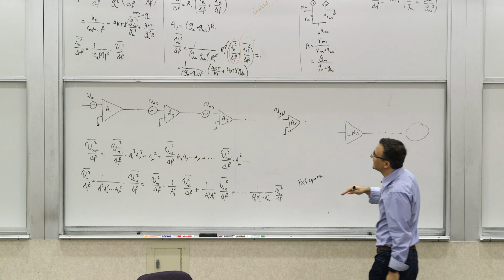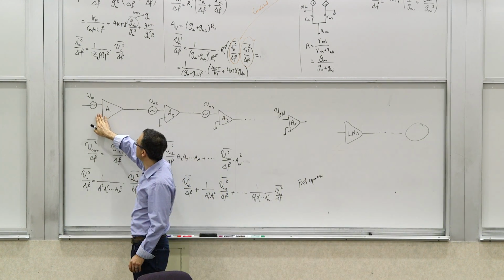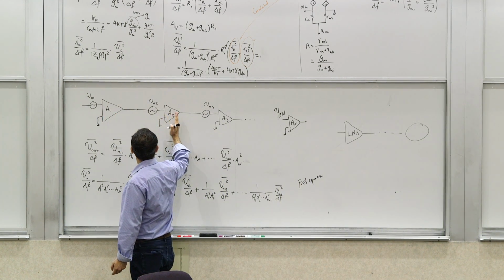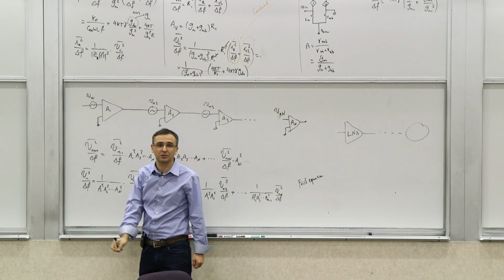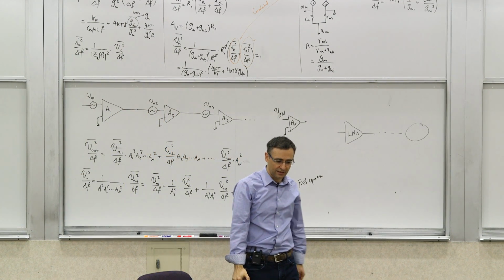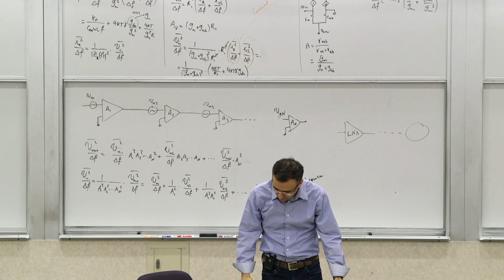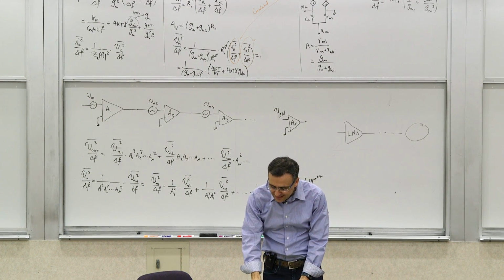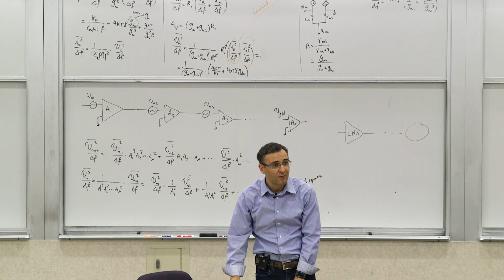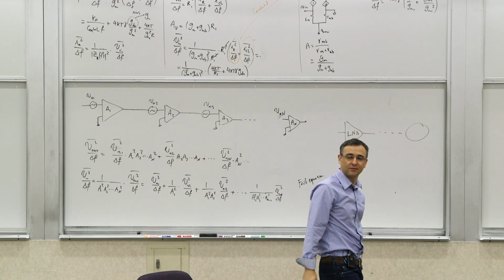So it's the noise at the input that matters the most, and how much it matters is basically a question of how much gain you have preceding it. This is an important observation: when you make low noise systems, the first stages matter.